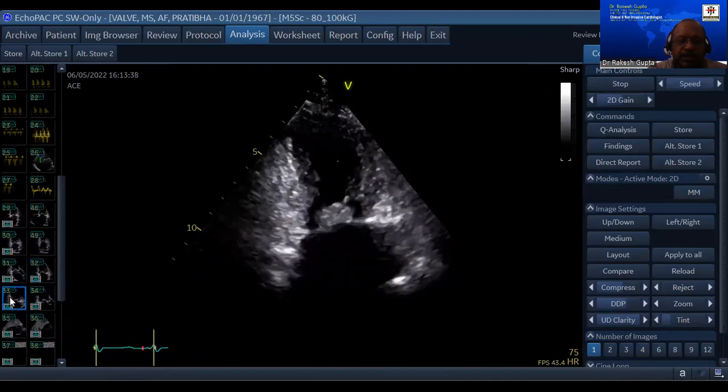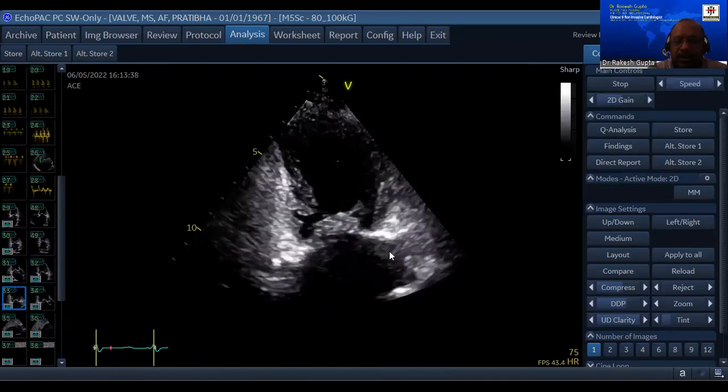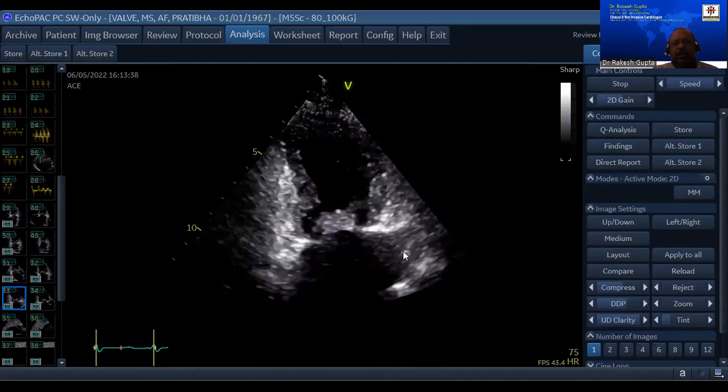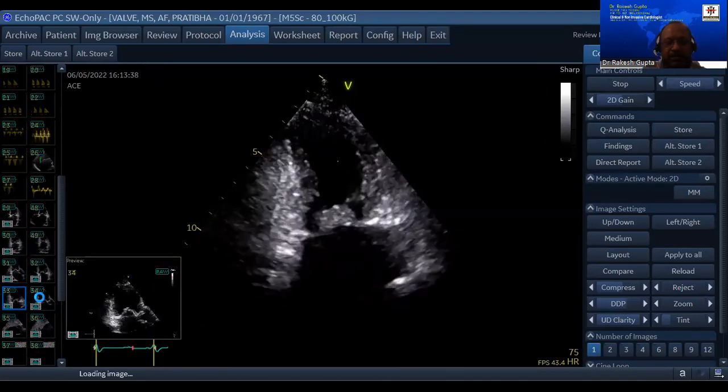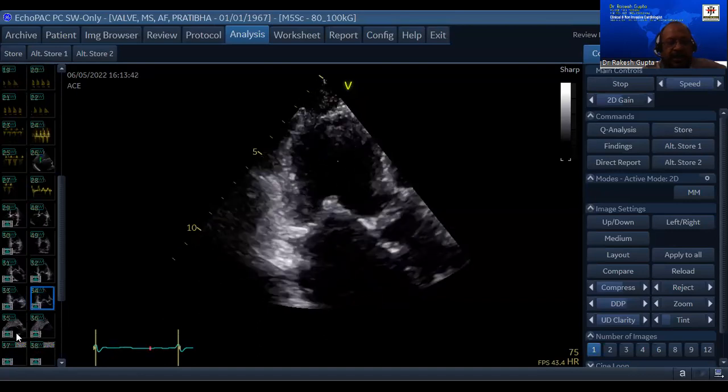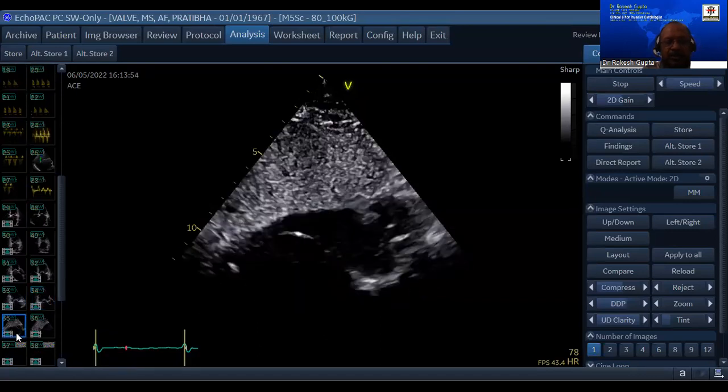Zoomed up picture. We are trying to look at some thrombus or clot in left atrial appendage. There are very high chances of having a thrombus and clot. 3 chamber again. Then we go to subcostal window.